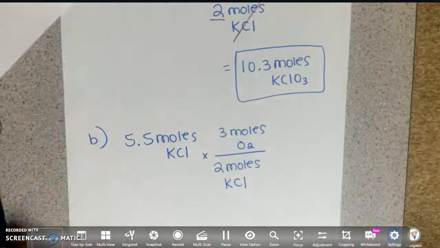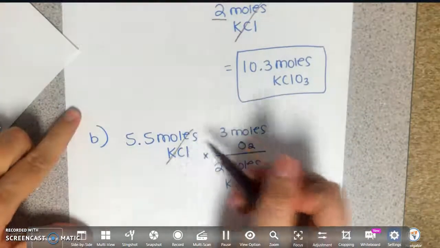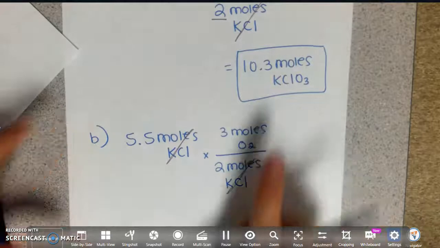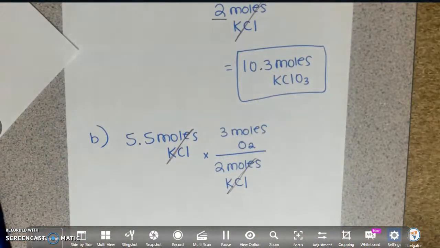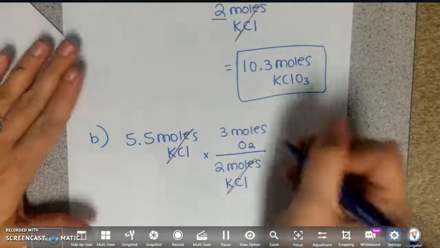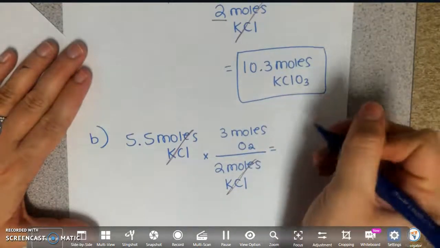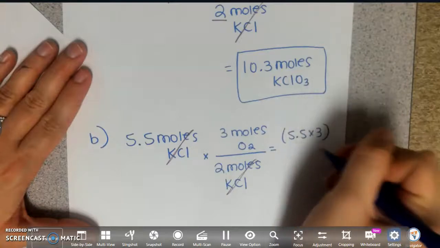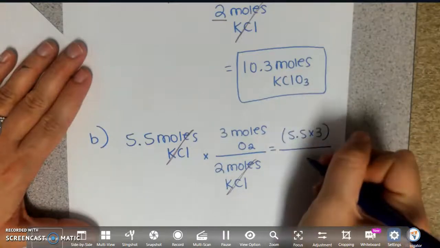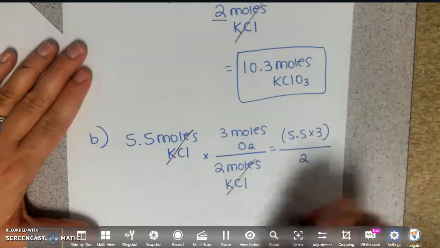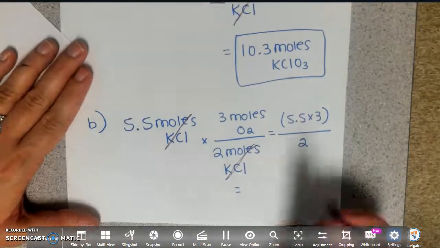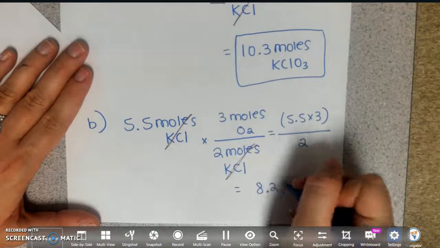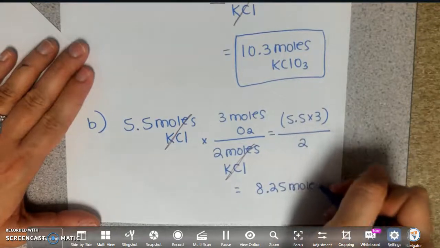Now my moles of KCl cancel out, and I have 3 moles of oxygen. And moles of oxygen is the unit that I wanted. And so I just need to type this into the calculator. So I would type this in 5.5 times 3, and then whatever that is, divide it by 2. And that actually is 8.25 moles of O2.